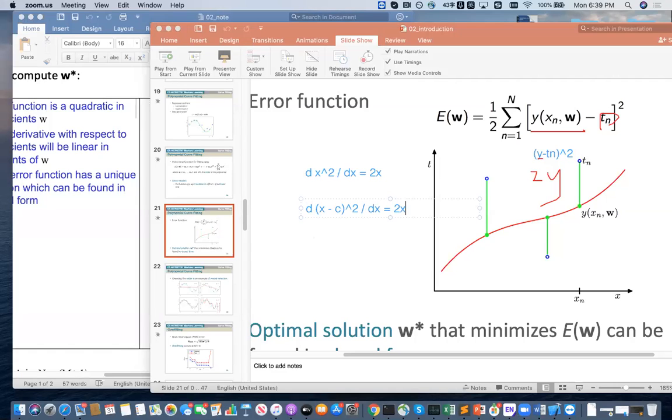It is still 2x. Is this acceptable? I thought it would be 2 times x minus c. Oh yeah, it's just 2 times x minus Tn. Sorry, I mean this. And then in the chain rule, you further take the derivative of x minus c with respect to x. This is just 1, because c is a constant. So this is 2 times x minus c, okay?